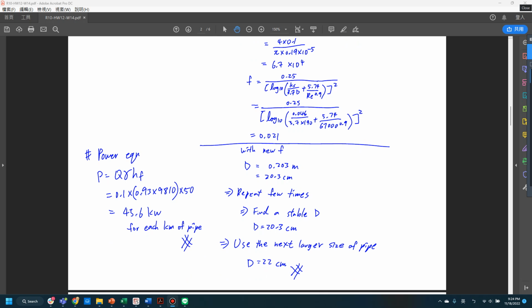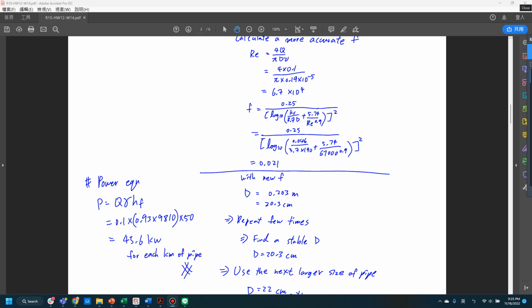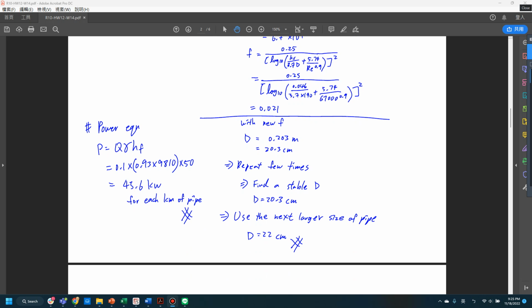Apply the same equation for the diameter, plug in this new f, and you will get the diameter is equal to 20.3 centimeter. And again, you use this new diameter to calculate the Reynolds number and plug in this factor f equation to solve it and check whether it converges.